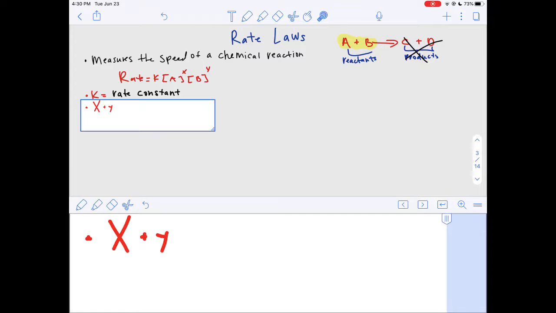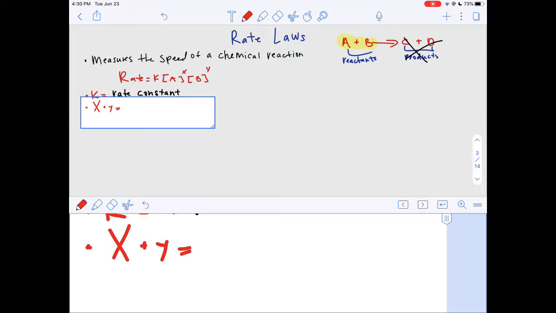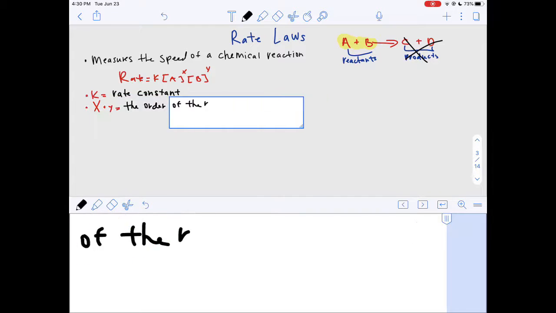X and Y, these little guys right there, are exponents that determine the order of the rate, which is basically the speed of how each specific element, each of the reactants, is moving.